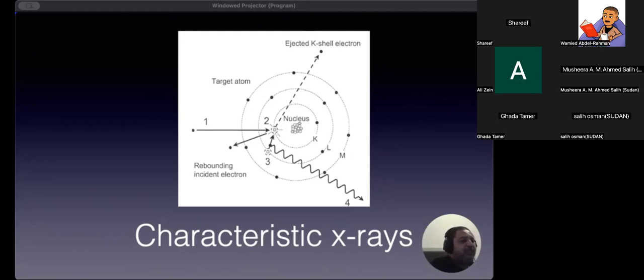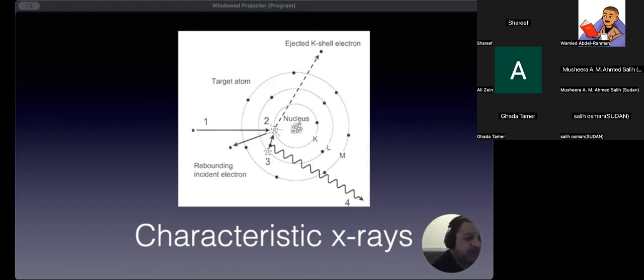So these characteristic X-rays are also going to be produced from this target. So in an X-ray beam coming out from a target, we will have two sources: Bremsstrahlung photons, and also the characteristic X-ray photons, and these are characteristic of the target.